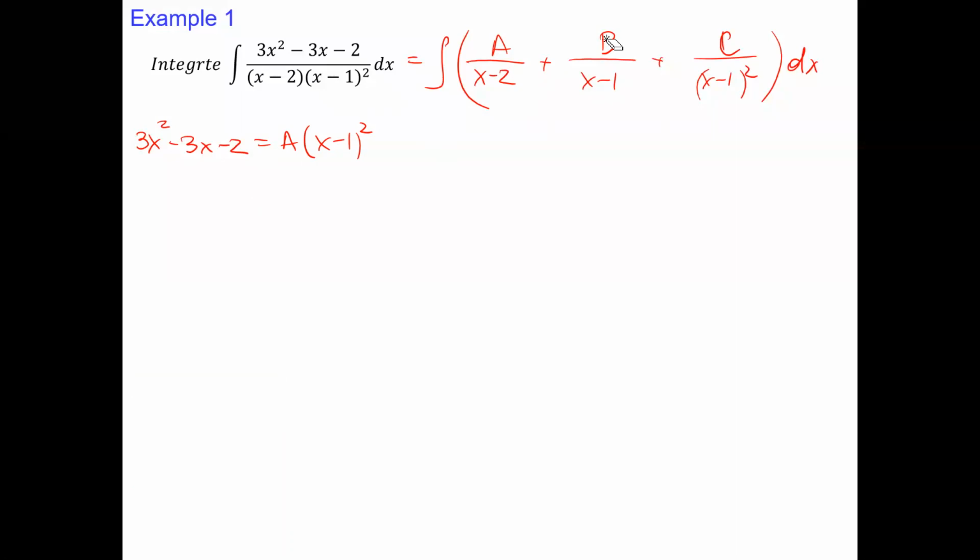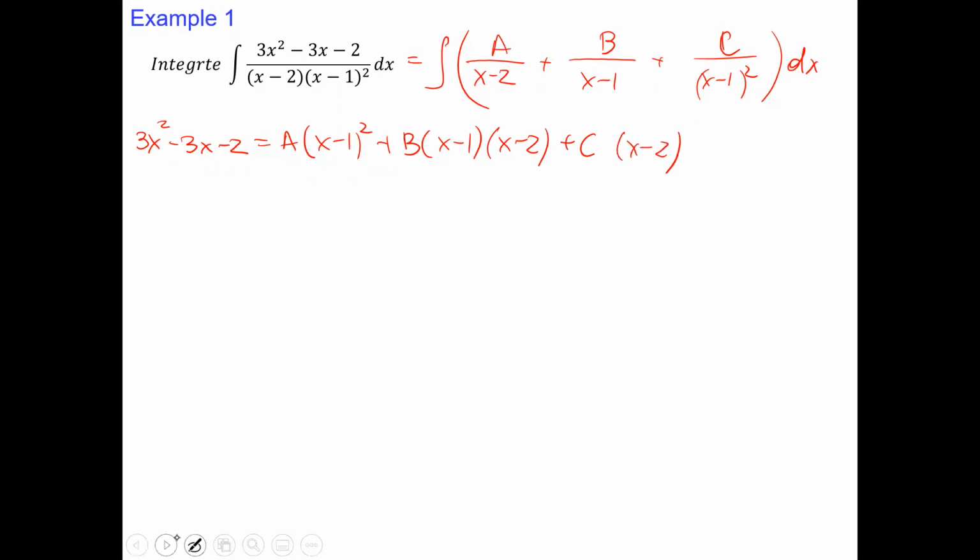Now B. B has x minus 1 as a denominator. Then we're missing one extra x minus 1 and x minus 2. That will be the common denominator if we multiply by x minus 1 and x minus 2. And C has x minus 1 squared underneath, it's okay, and we still need x minus 2.